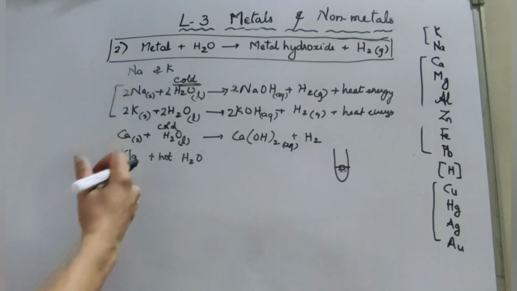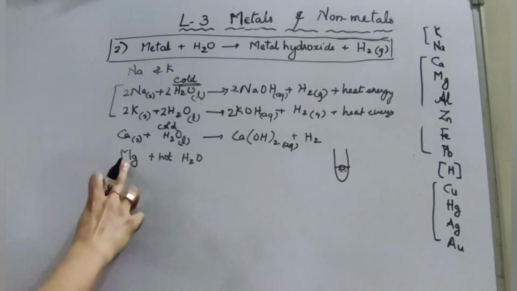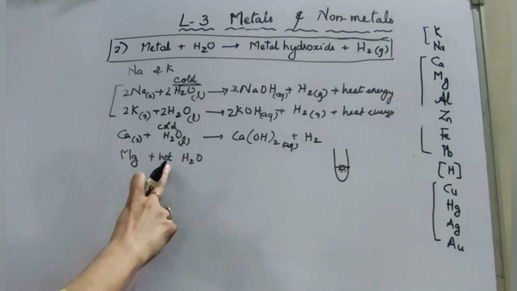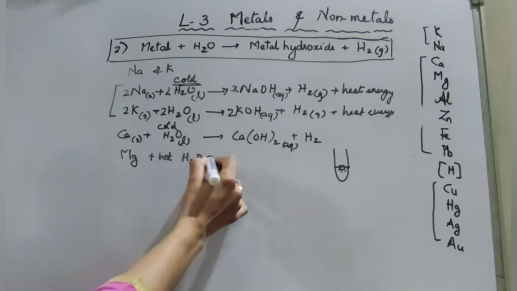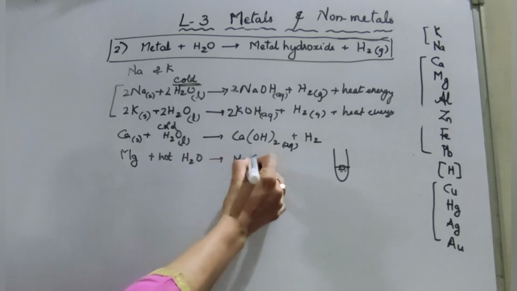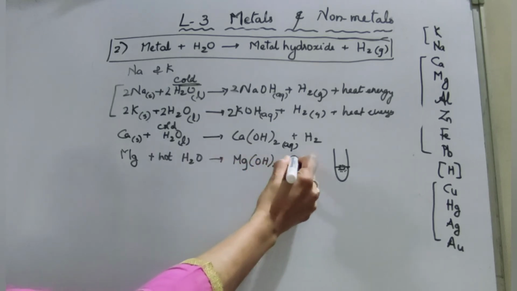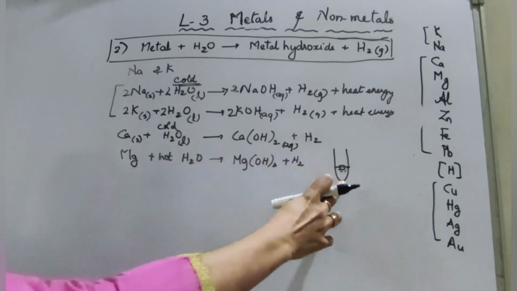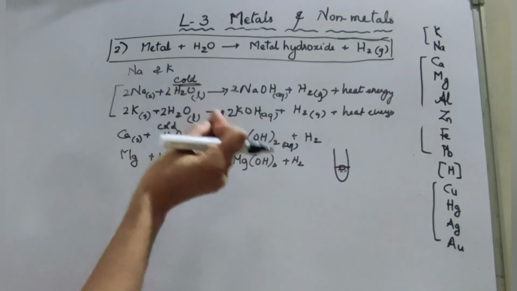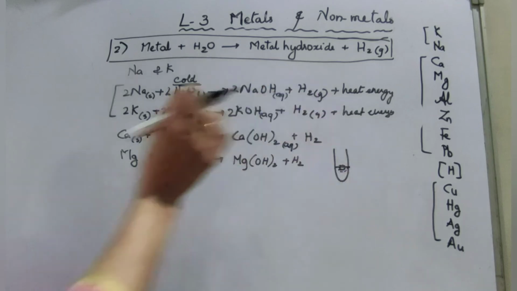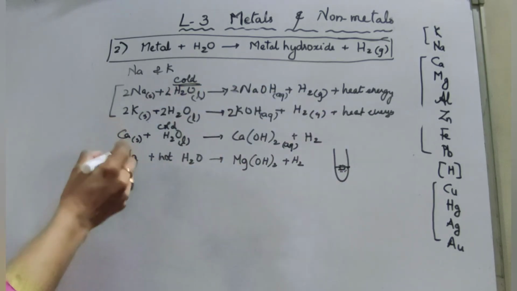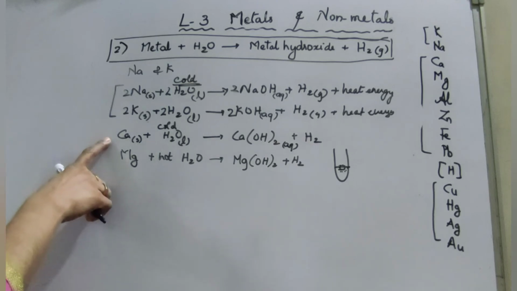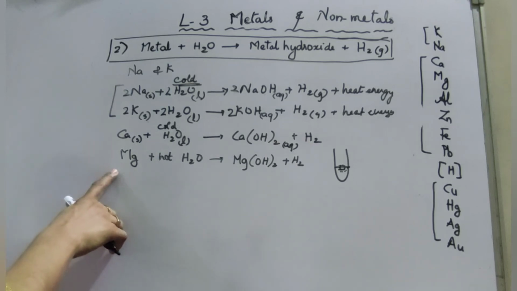Now in the middle, the reactivity is decreasing in order. Magnesium never reacts with cold water, but it reacts with hot water to form magnesium hydroxide plus hydrogen gas. In this case, magnesium also starts floating due to the bubbles of hydrogen gas sticking on its surface. So these two metals start floating in water, but calcium reacts with cold water, magnesium reacts with hot water.